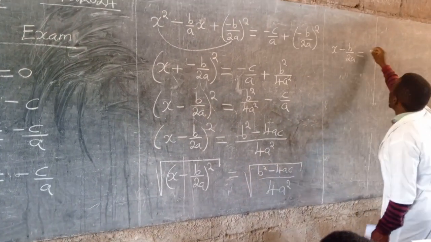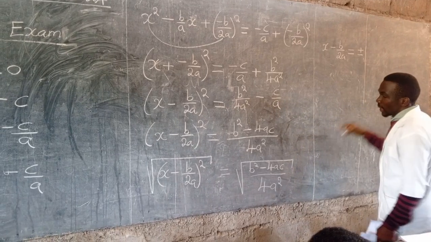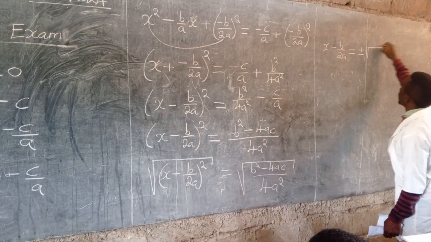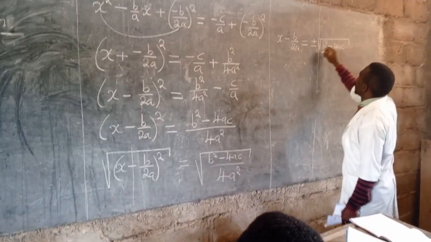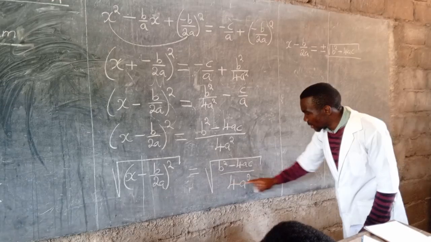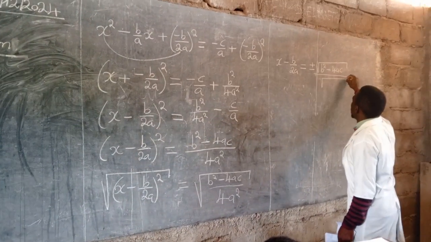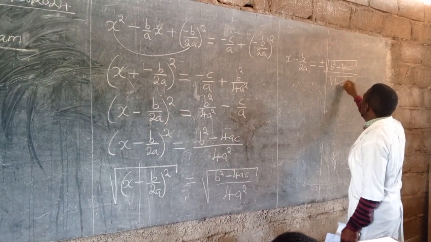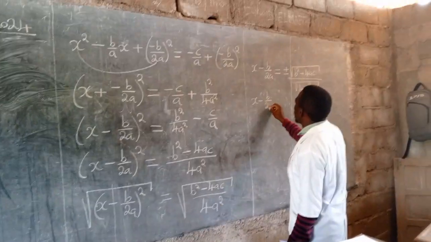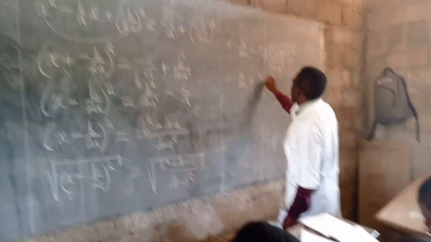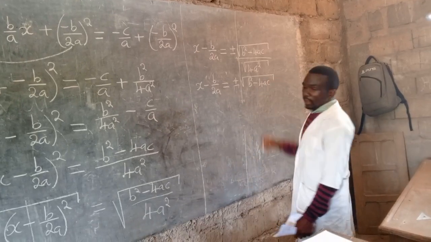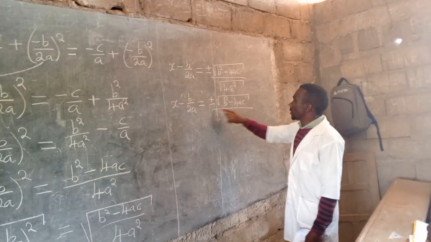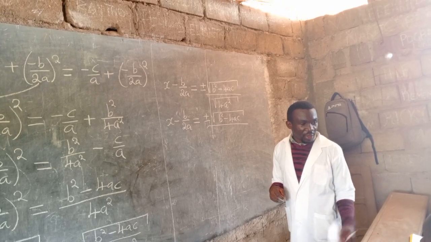Plus or minus, we break this fraction: the square root of b squared minus 4ac all over the square root of 4a squared. And this will give us x minus b on 2a is equal to plus or minus the square root of b squared minus 4ac all over, the square root of 4a squared gives us 2a.